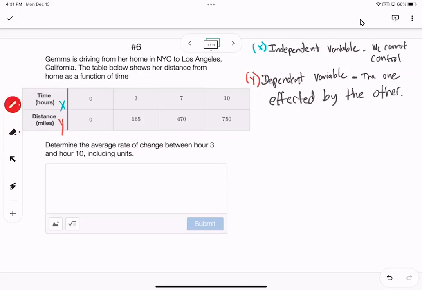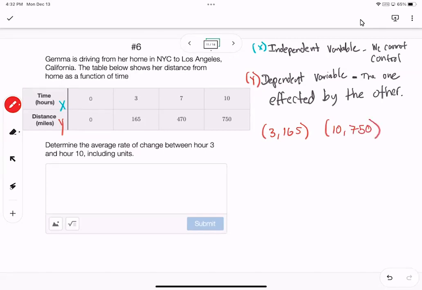We'll have (3, 165). And then at hour 10, Gemma drove 750 miles. So Gemma drove at 10 hours, drove 750 miles.